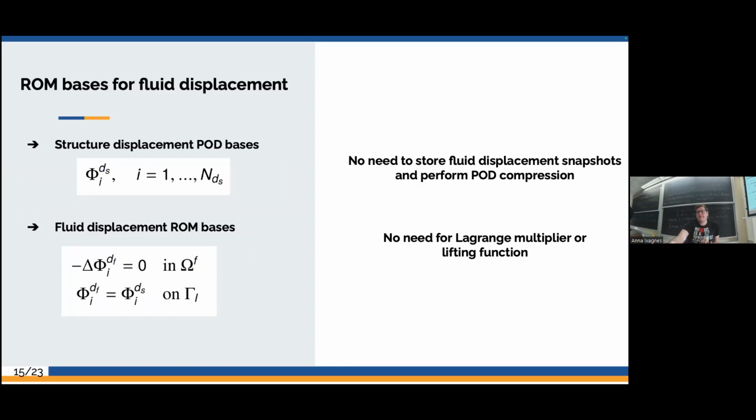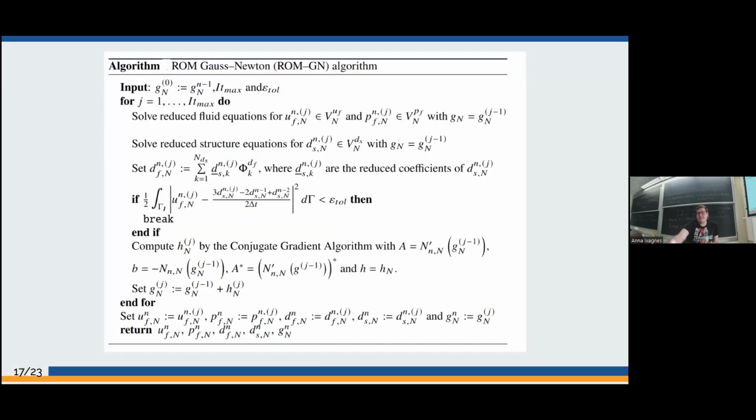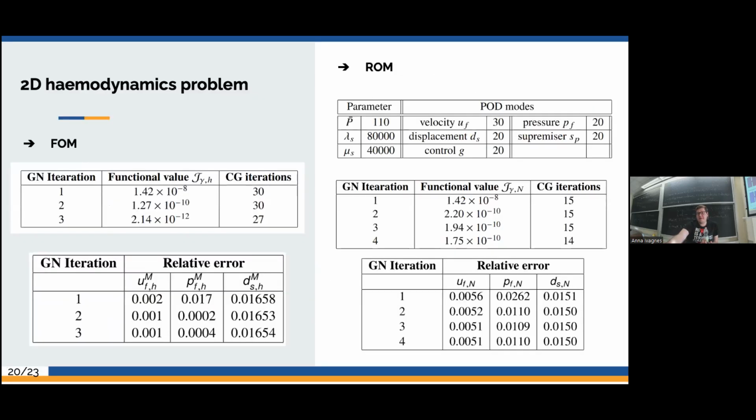Because of the ALE map, all our snapshots are defined on the reference domain, and everything is done there. And then we go back to your results on the errors.